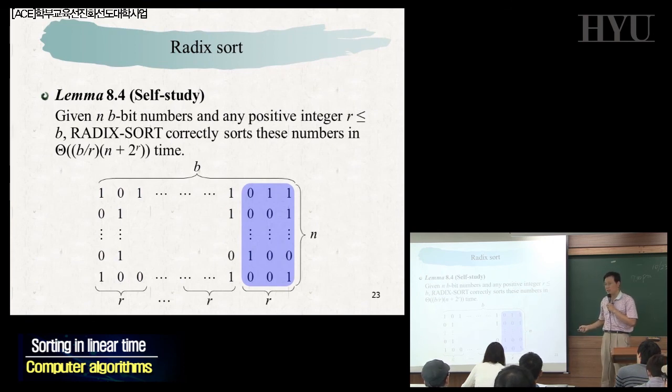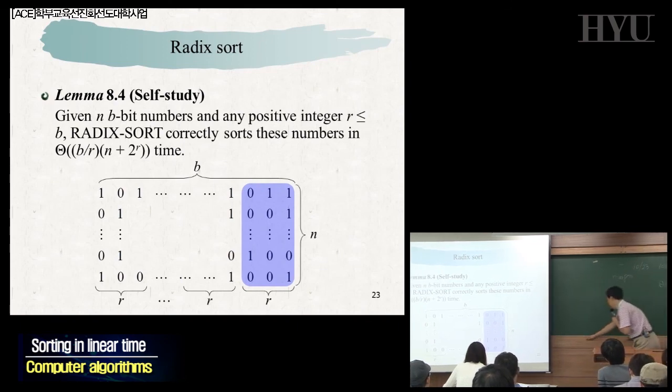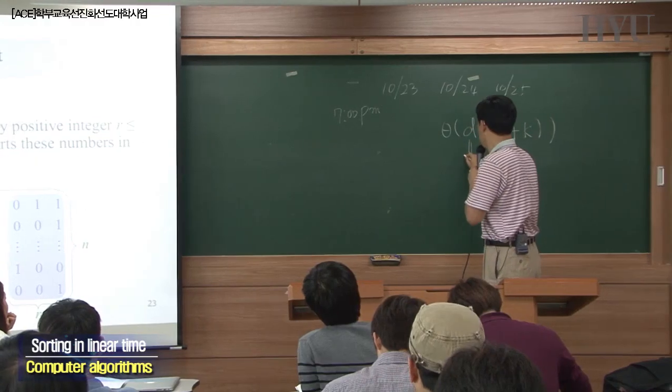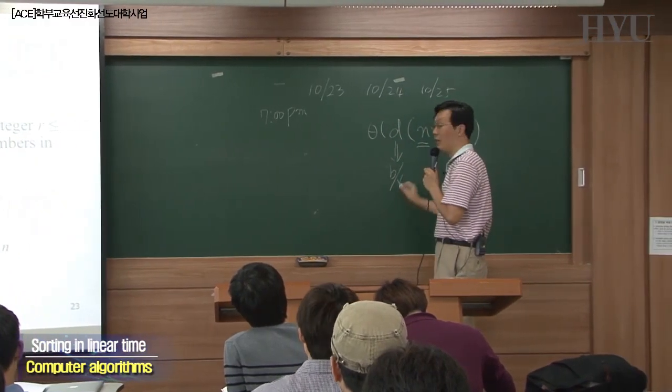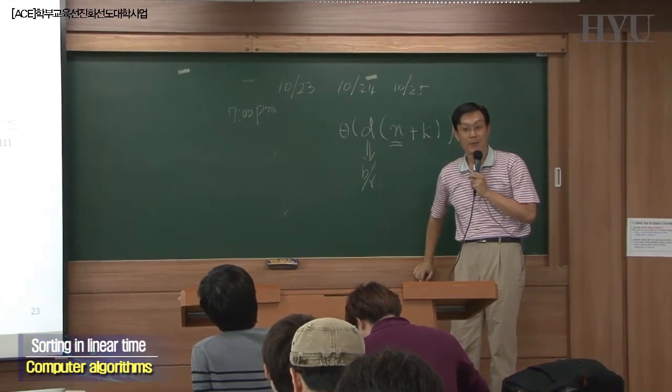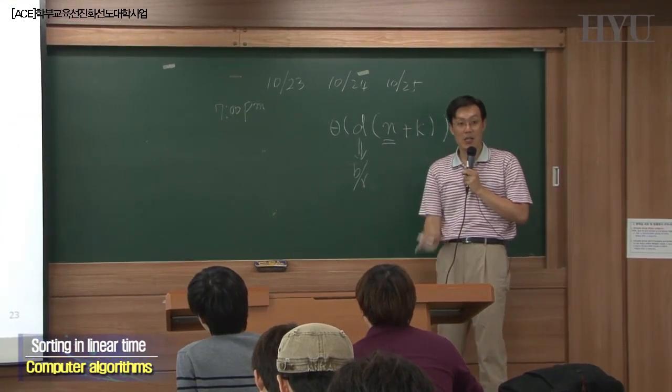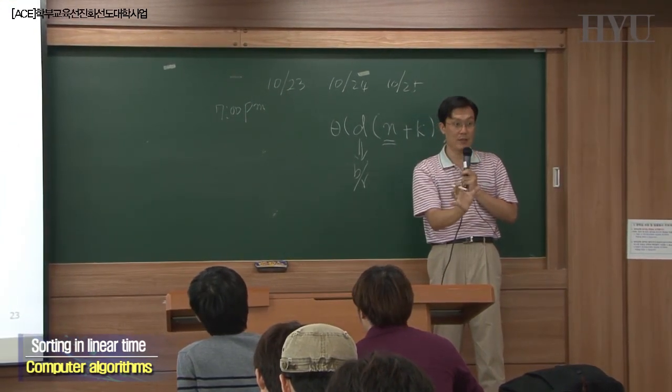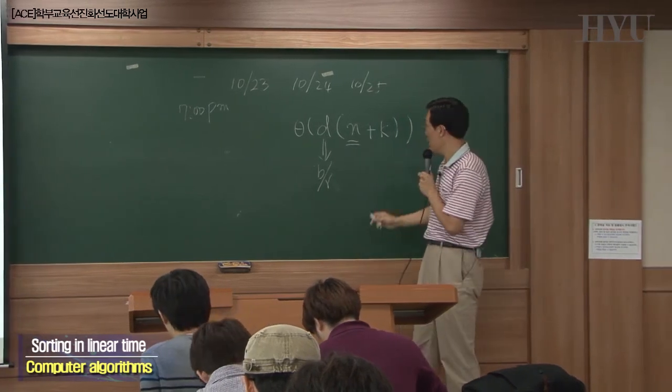Then each r bits becomes a radix. So there are b over r radixes. So r is the size of radix.